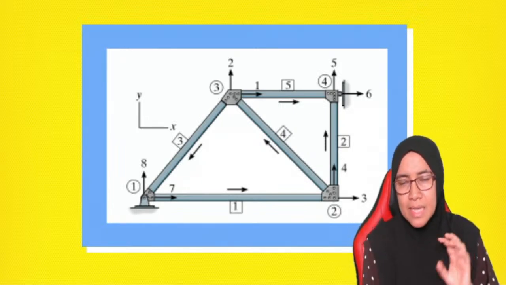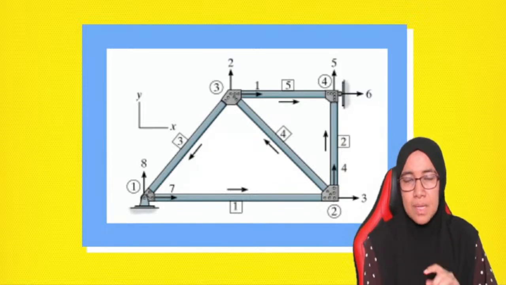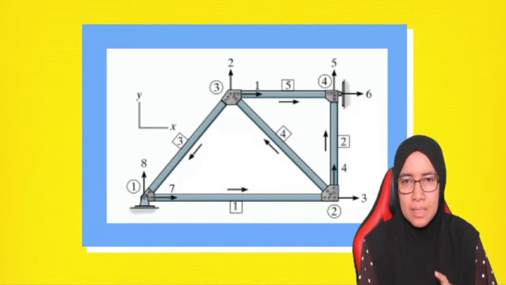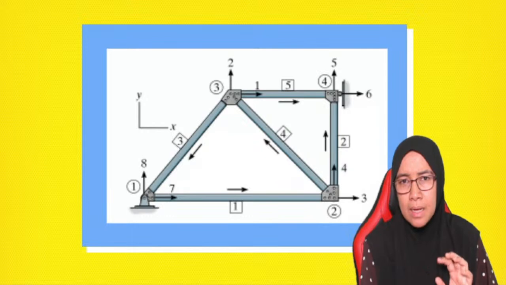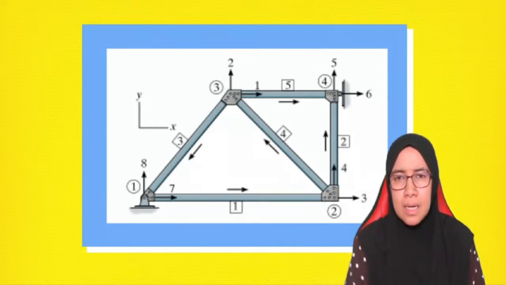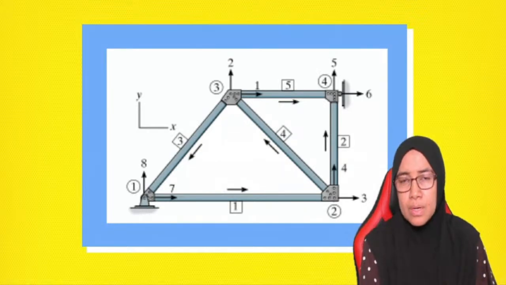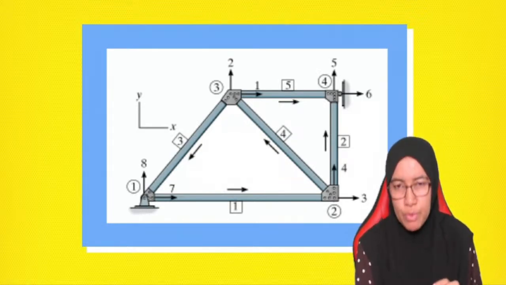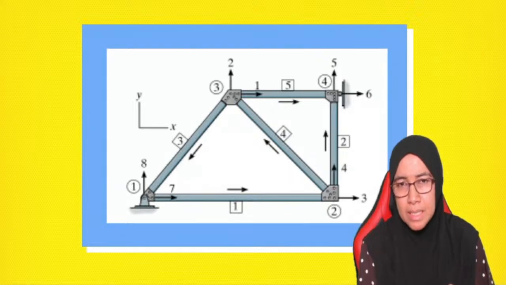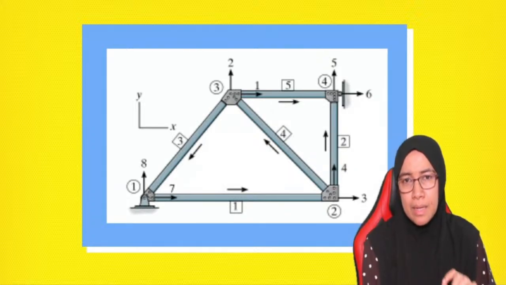Okay. Another thing here is the arrow. You can see that there are arrows that we have to put parallel with the member.